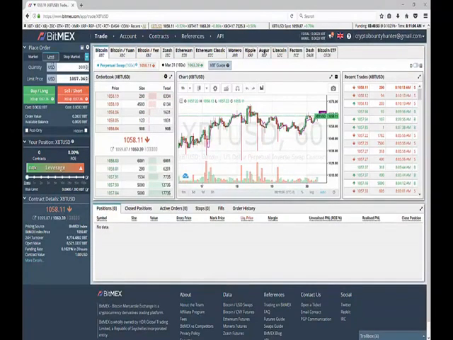So just like other exchanges, you have your limit, right? So it'll only execute at a specific price. So if I wanted to limit sell at, let's say 1070, wait for the price to go up, and let's say I limit sell 3 contracts, so that would be shorting.